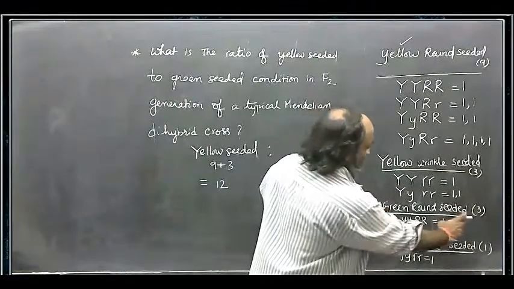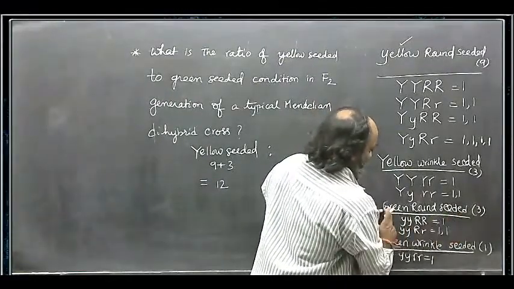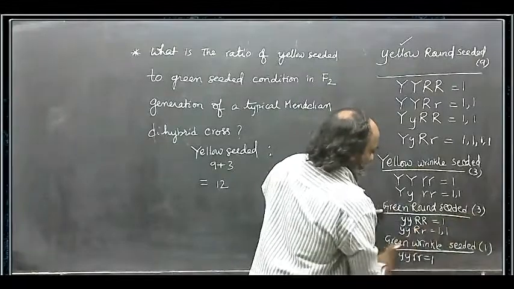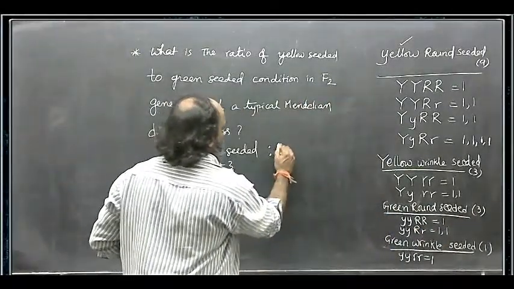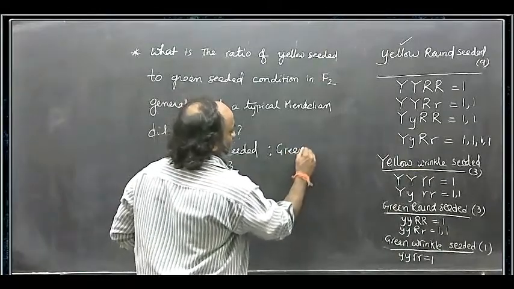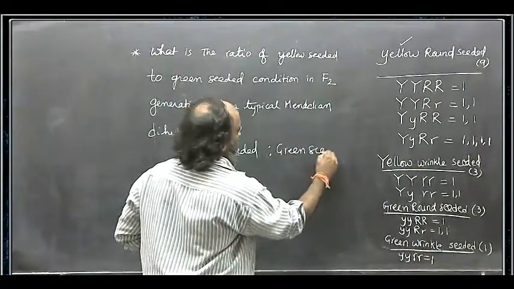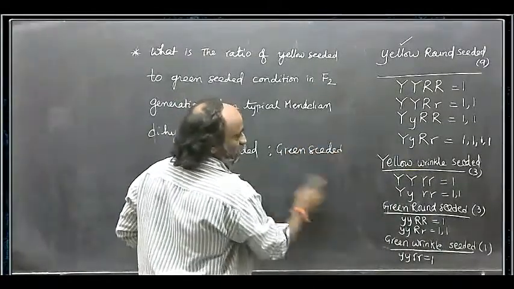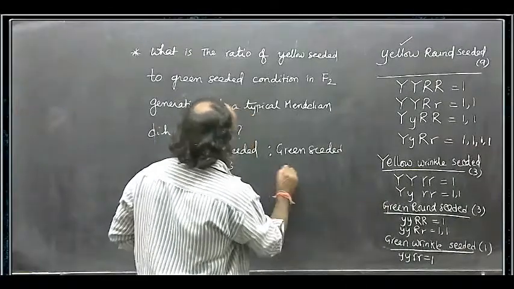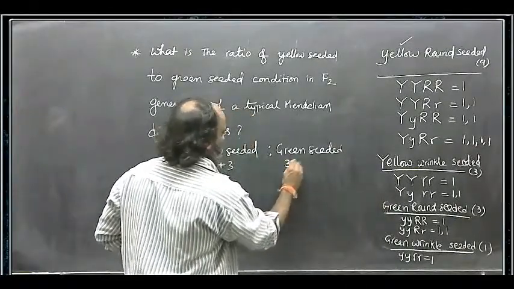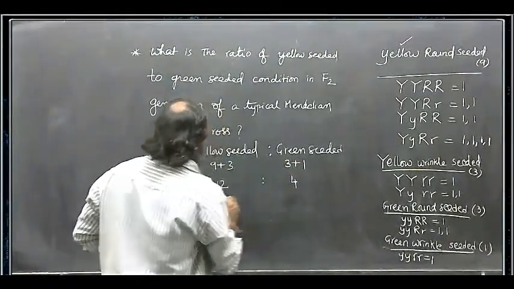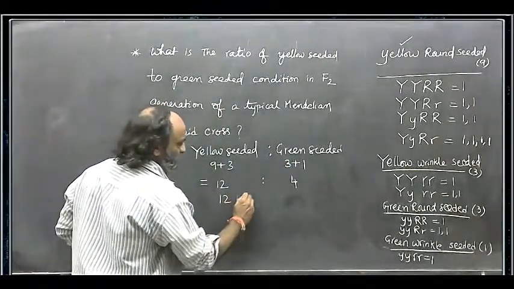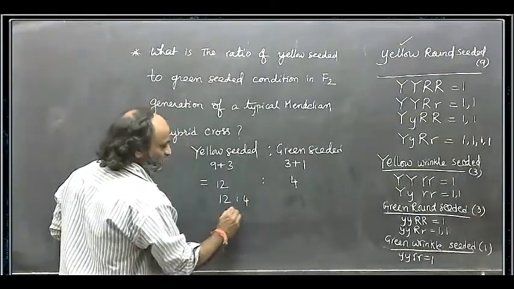In this case there are 3 green seeded and here 1 green seeded. Therefore, green seeded is 3 plus 1, that is 4. 12 is to 4 is nothing but 3 is to 1.